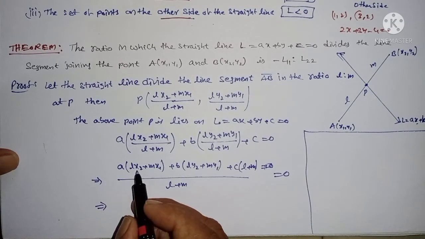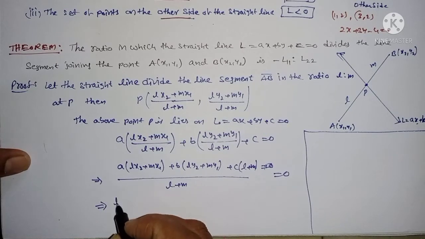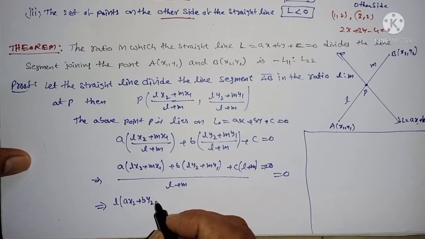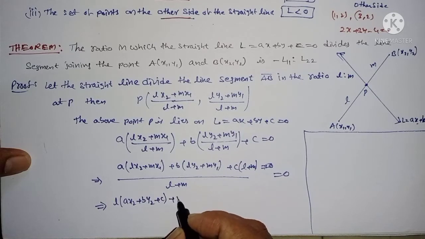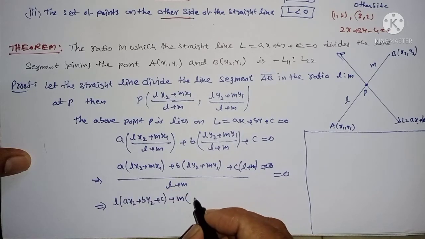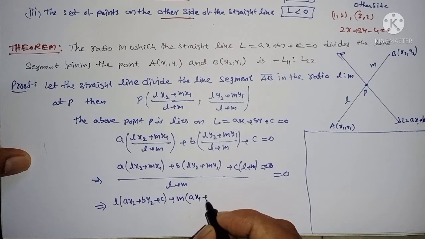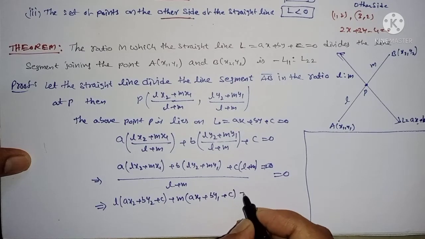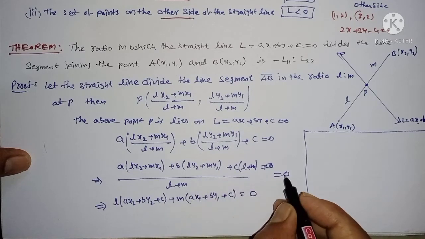Continuing, I can take L common. What happens is L of (Ax2 plus By2 plus C). I am taking M common. What happens is M of (Ax1 plus By1 plus C) is equal to 0.